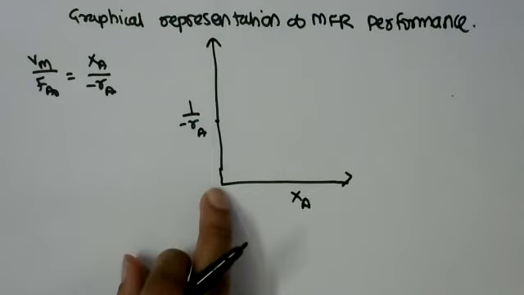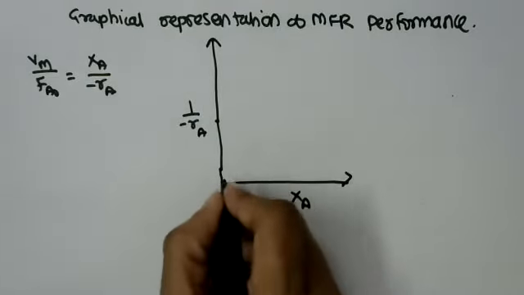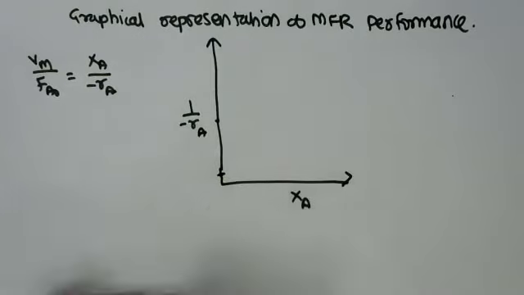If conversion is 0, the concentration of the limiting reactant will be highest. And as the concentration of the limiting reactant is highest, the rate of reaction, which is a function of concentration, will also be highest. That means minus Ra is very large, so 1 upon minus Ra will have the minimum value.